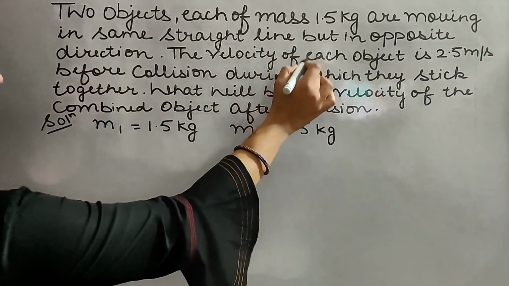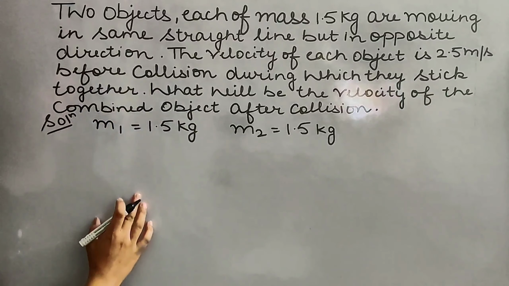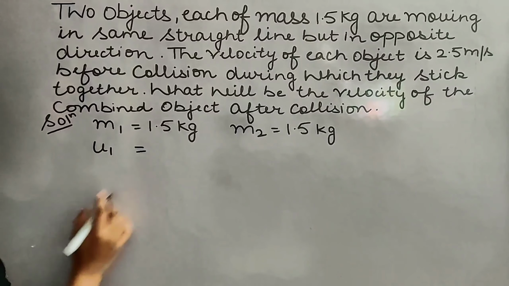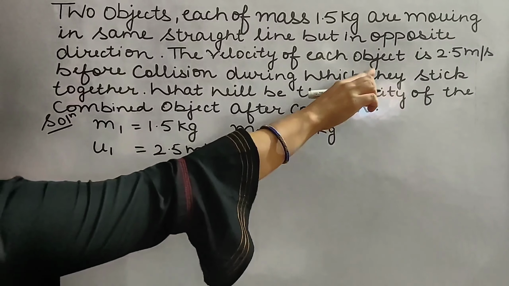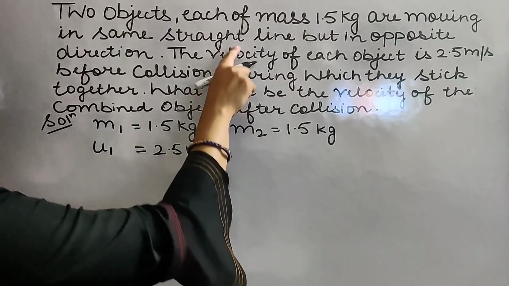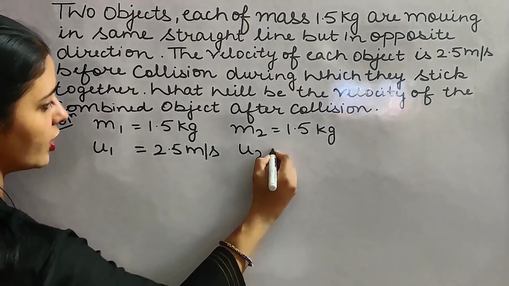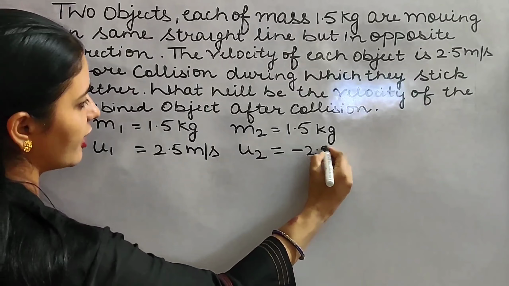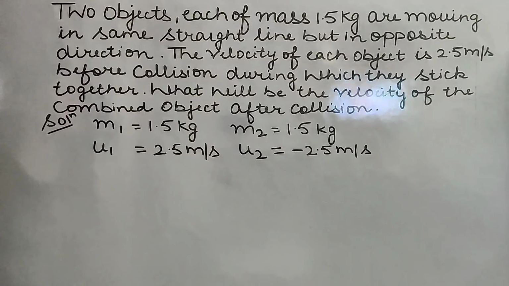The velocity of each object is 2.5 meters per second before collision. That means initial velocities of two objects are given. Magnitude of initial velocity is same for two objects, but their direction of motion is opposite. That's why the initial velocity of second object is minus 2.5 meters per second. Minus sign is for the opposite direction.